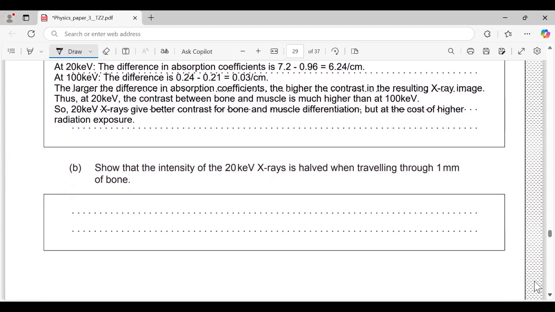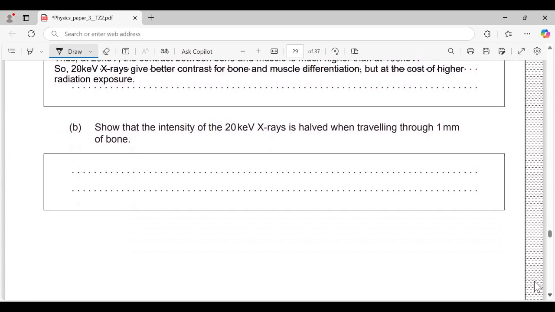Next, 15B. Show that the intensity of the 20 kilo electron volt X-rays is halved when traveling through 1 millimeter of bone. So I'm going to use the formula for the attenuation of X-rays: I equals I0 times e to the power minus mu x.